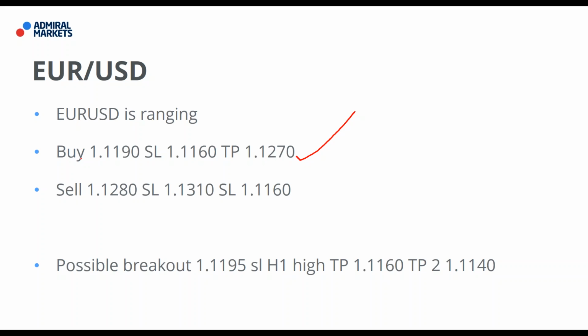So this was what I posted today, and please let me show you. I'm not sure that I will find it, but I want to show you so you can actually see a euro dollar analysis on Mondays on Forex Empire website.